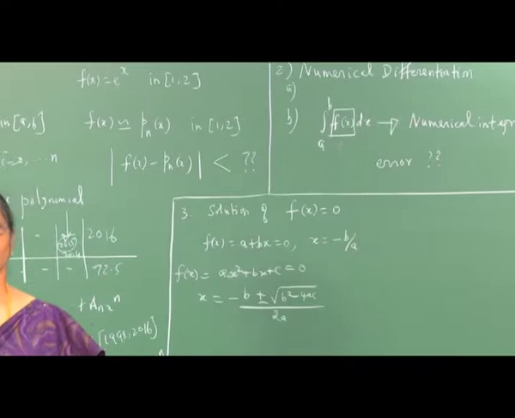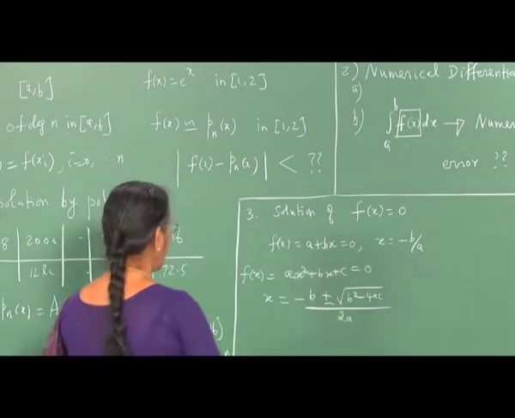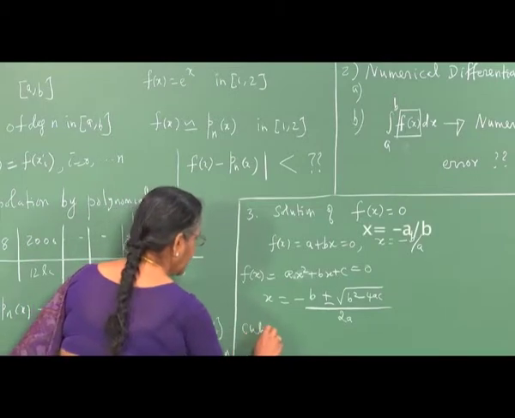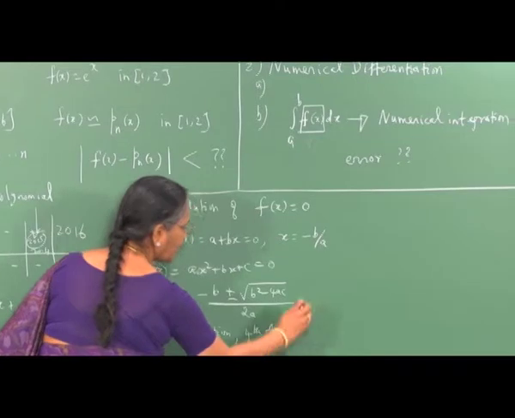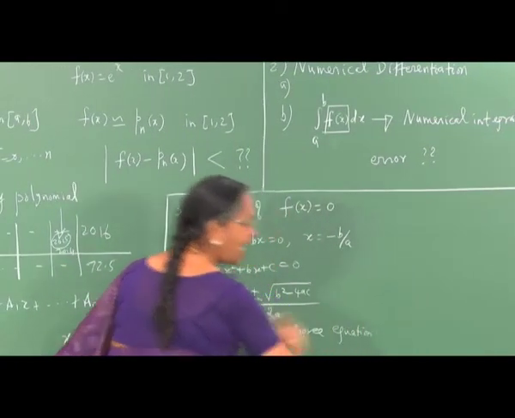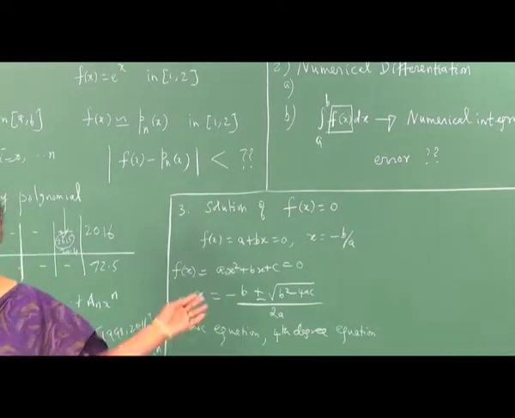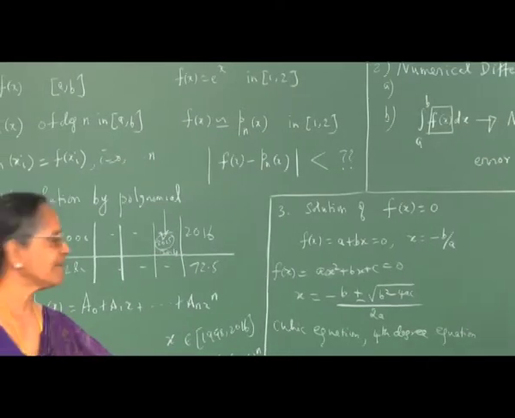So, you will be able to solve a quadratic equation, and it is known that a cubic equation, a fourth degree equation, which is called a quartic equation, in general can be solved and the solution can be given in terms of radicals under certain conditions.